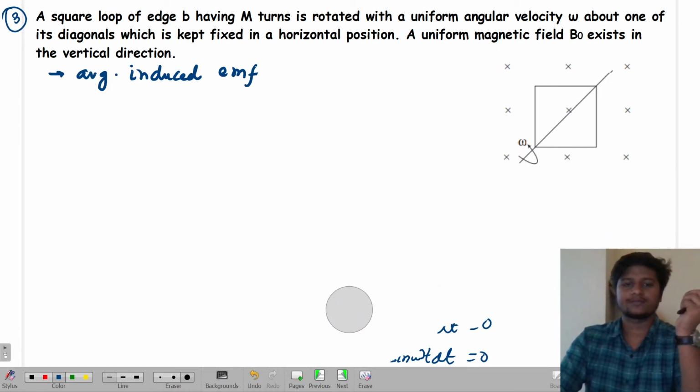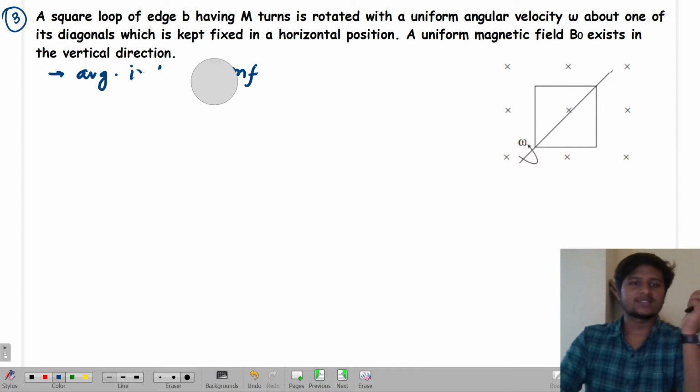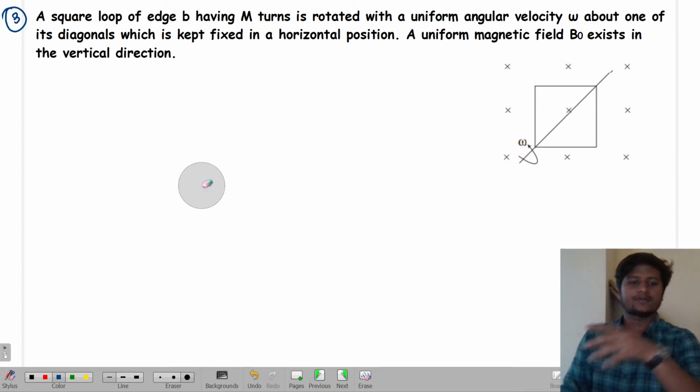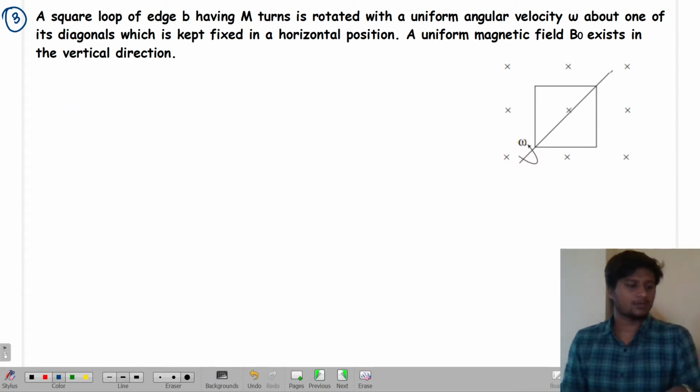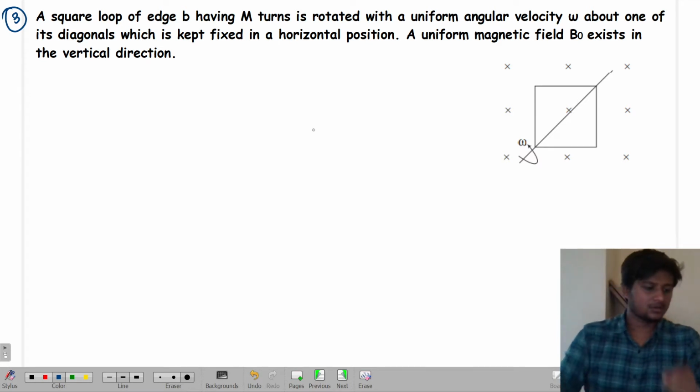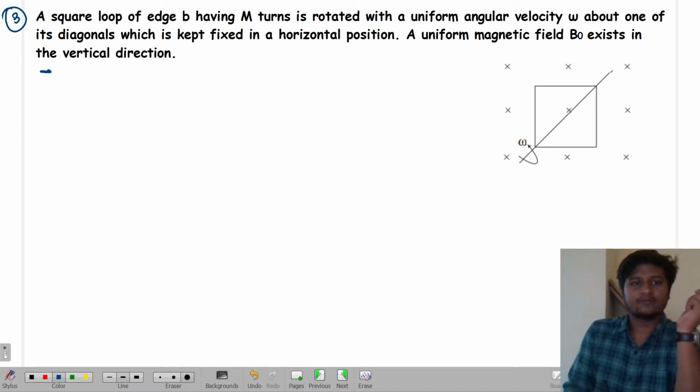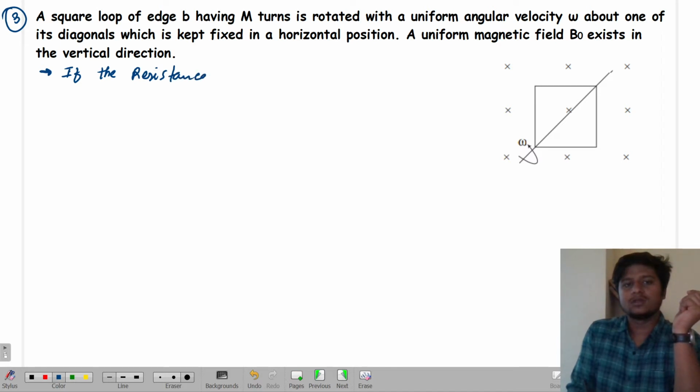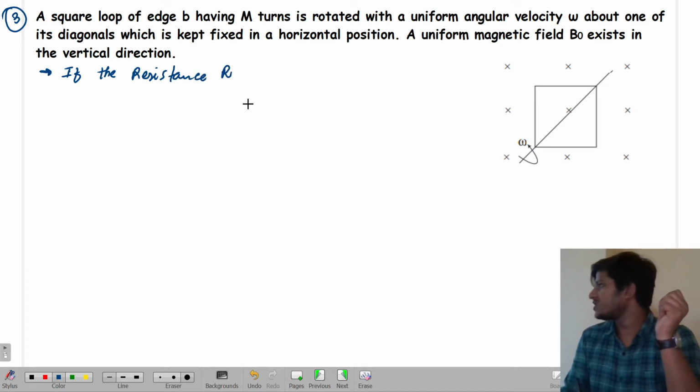Okay. Now what it is asking is, if the resistance is R, meaning in this loop the resistance is how much?